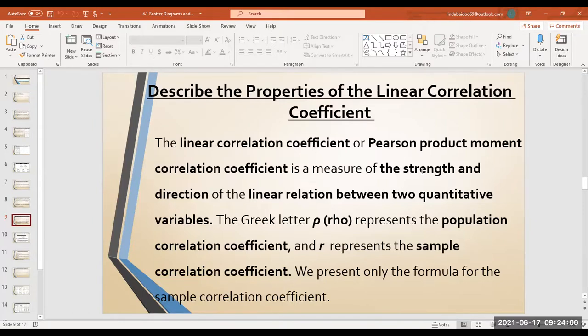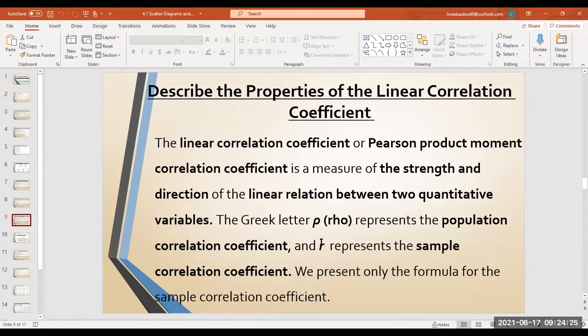It is a measure of the strength and direction of the linear relation between two quantitative variables. We have the population correlation coefficient and the sample correlation coefficient. The population has this symbol which we call rho. It's like a P which has been stylized, and the sample correlation coefficient is small r.